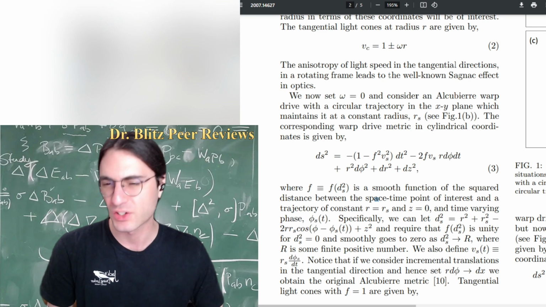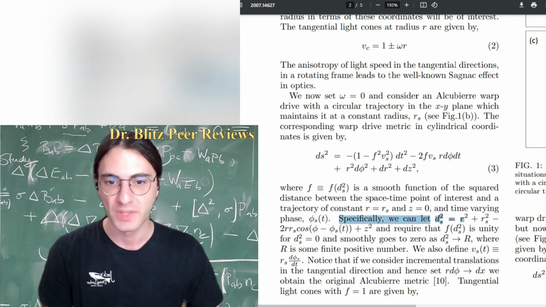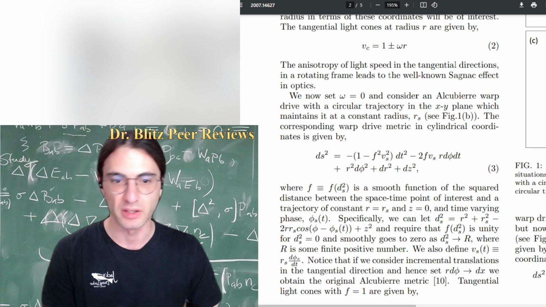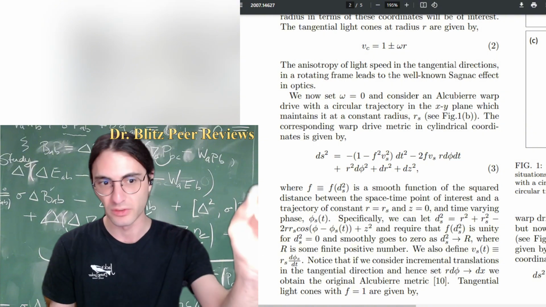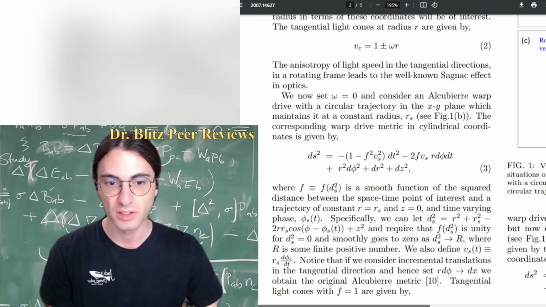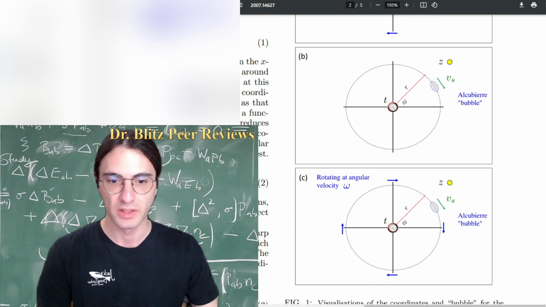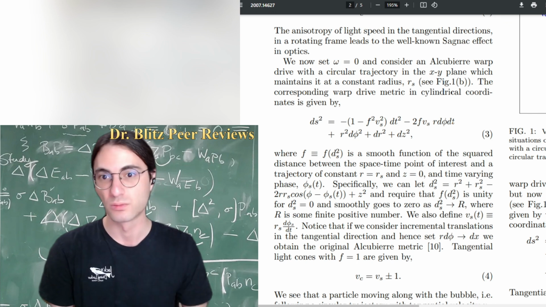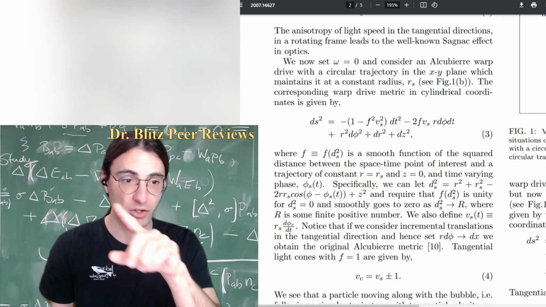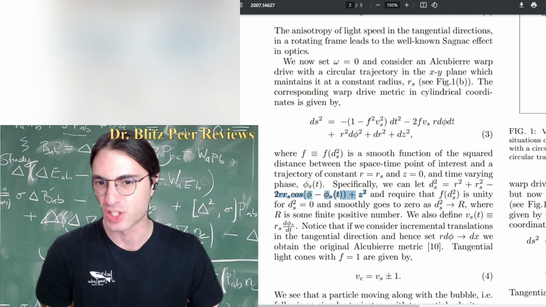So they're actually going to give us a specific example of d_s squared. They're going to let d_s squared be r squared, which is the distance from the center to the spacetime point of interest, plus r_s squared, which is just the distance to the point where the Alcubierre drive is moving in a circle, and then subtracting off some term.